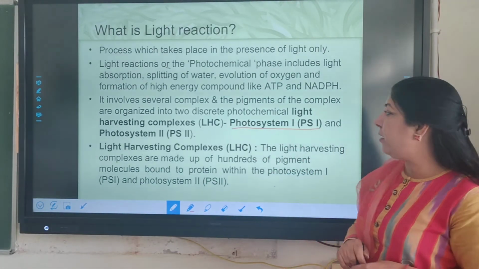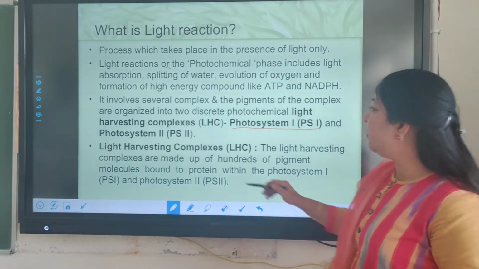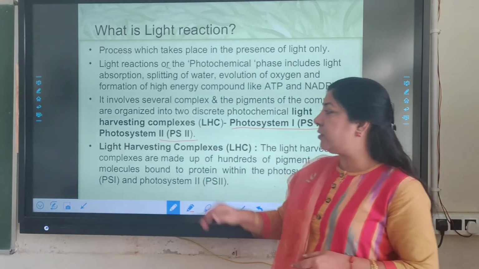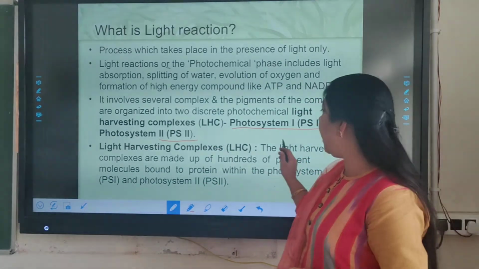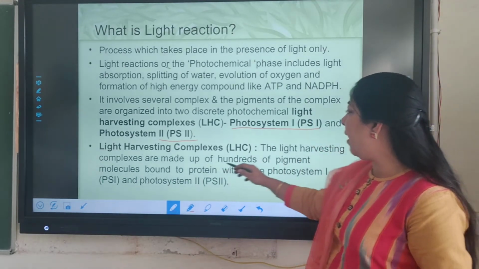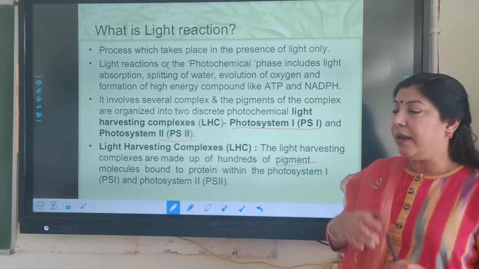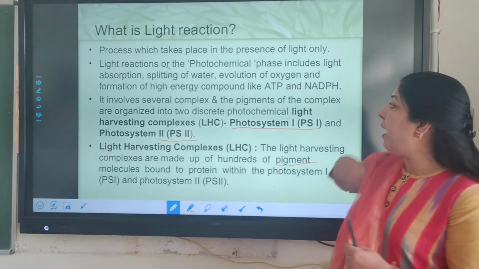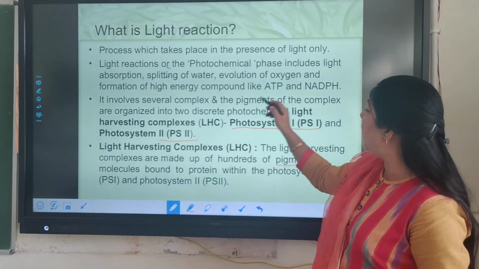One has only one reaction center, that is photosystem 1. Another has another photosystem, that is called photosystem 2. And these light harvesting complexes are made up of, as I've already mentioned, hundreds of pigments. And these pigments are actually responsible for all these reactions. What are the reactions?